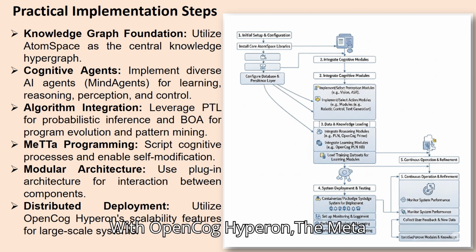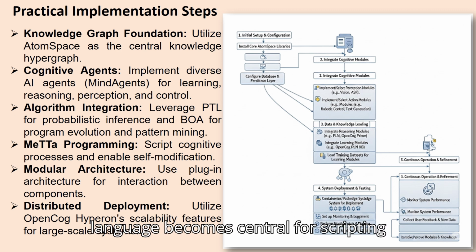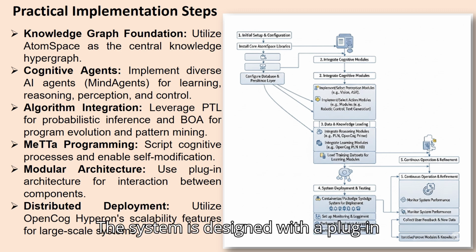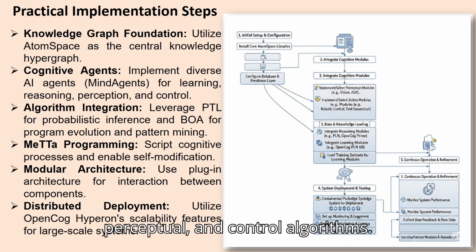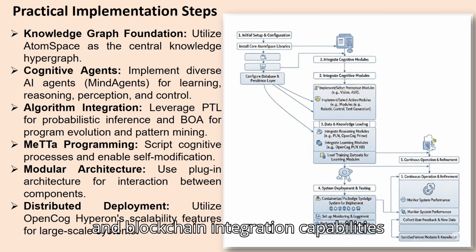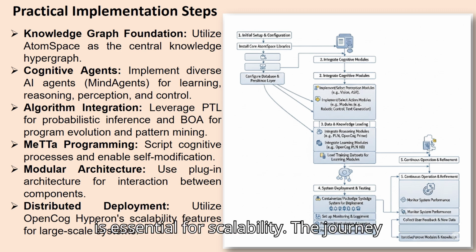With OpenCog Hyperon, the meta-language becomes central for scripting cognitive processes and enabling the crucial self-modification capabilities. The system is designed with a plug-in architecture to ensure seamless interaction between cognitive, perceptual, and control algorithms. For large-scale AGI, leveraging OpenCog Hyperon's distributed computing and blockchain integration capabilities is essential for scalability.